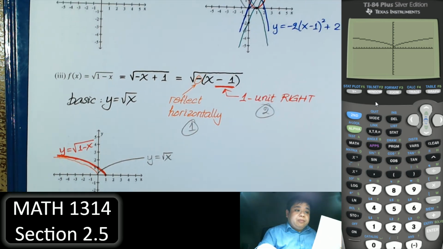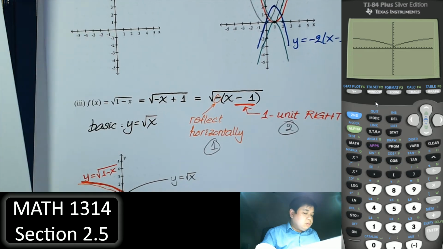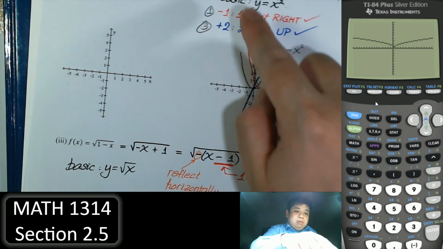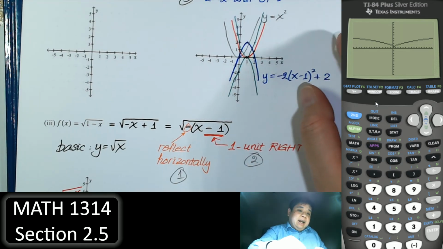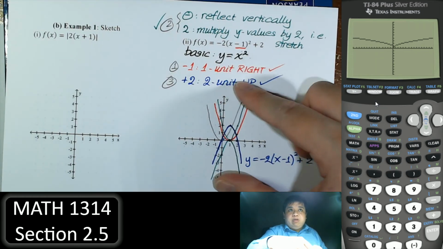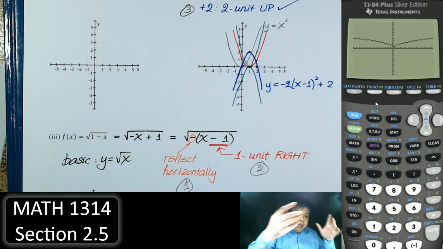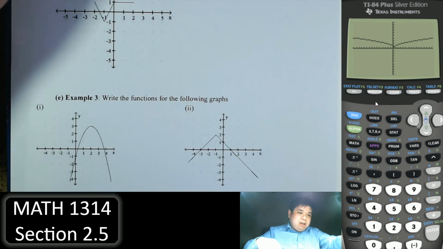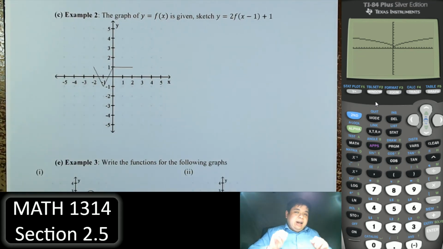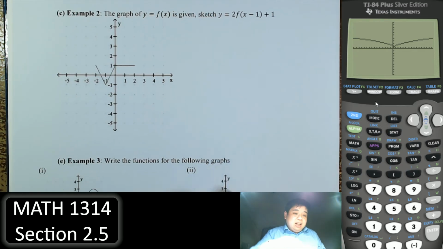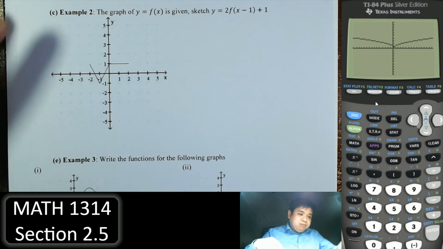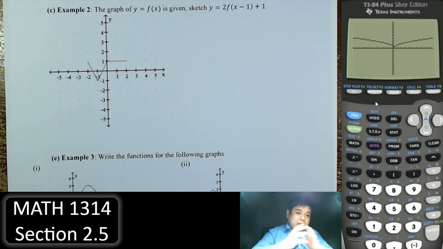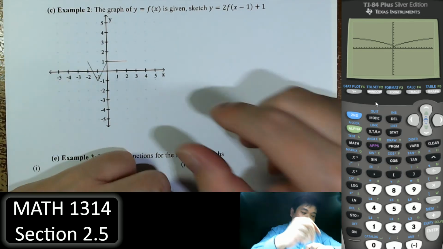Note that we just write out the basic graph, and then write out all the transformations, and then determine the order, and then make sure you do all of those transformations. Now, so those are the problems. We have the basic graph. We cannot test them, so we have to be extra careful.